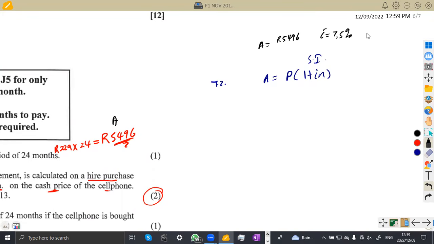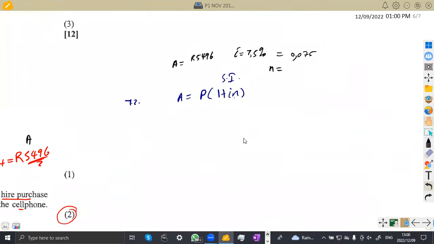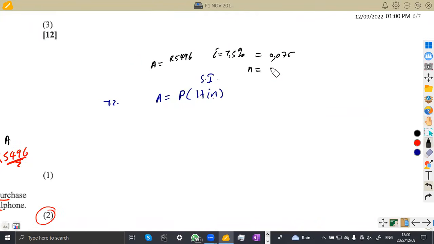Then the interest, which was 7.5%. So 7,5, if we divide by 100, that's 0,075. Then N represents the number of years. Remember, it was paid within 24 months, and 24 months divided by 12 is 2 years. So N is going to be 2 years. So you can substitute into the formula: 5496 is equal to P into 1 plus 0,075 times N, where P is the initial amount.